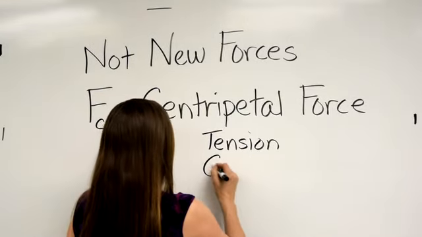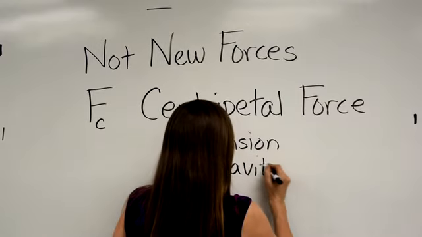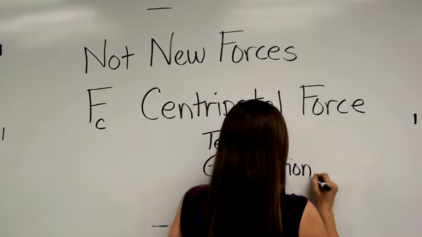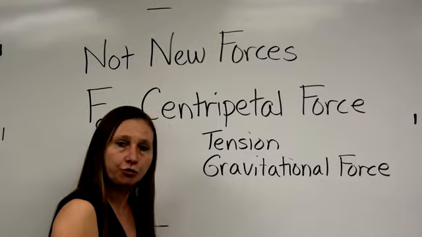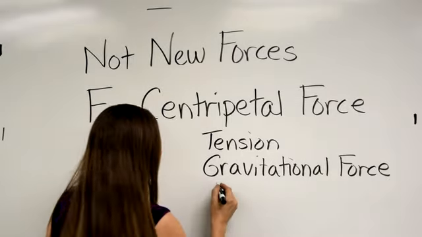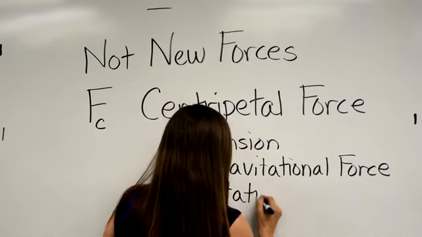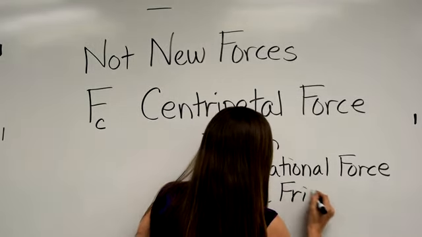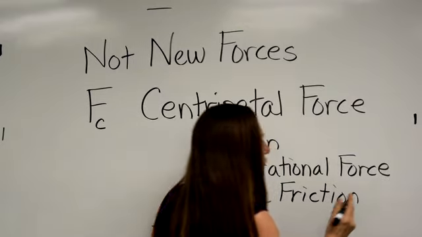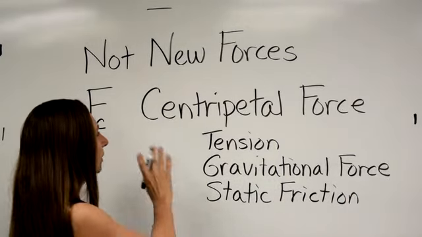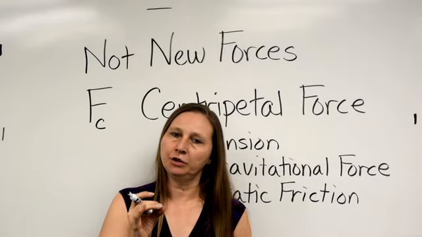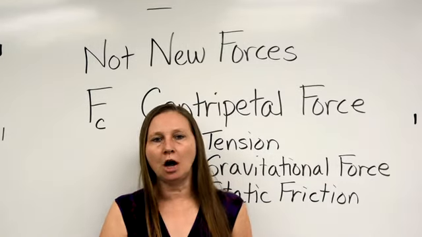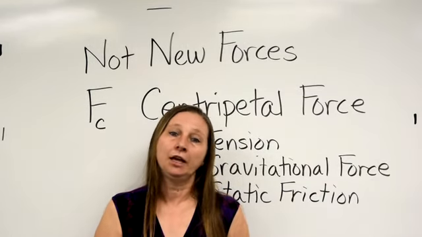You could have the gravitational force acting as a centripetal force. You could have static friction acting as a centripetal force. Again, a centripetal force is a force that is causing an object to move in a circle.